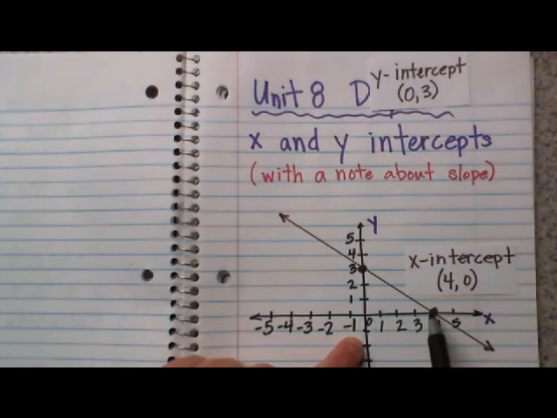That's the only way it can cross the x-axis, is when it's at y equals 0, which makes the y portion 0. And the x portion of the x-intercept is where it crossed, over at x equals 1, 2, 3, 4. The x-intercept is then at the ordered pair 4, 0.